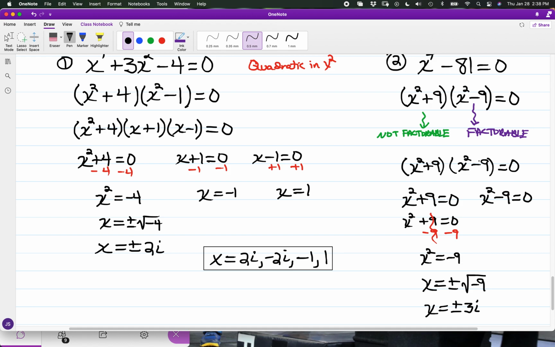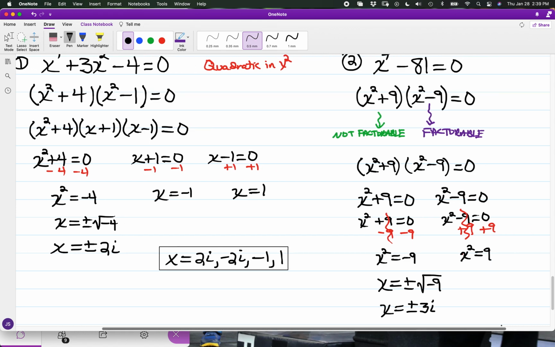And instead of factoring, if I just set x squared minus 9 equal to 0, I can isolate the x squared term upon adding 9 to both sides. So we have x squared is equal to 9, so x is equal to plus or minus the square root of 9, so x is equal to plus or minus 3.